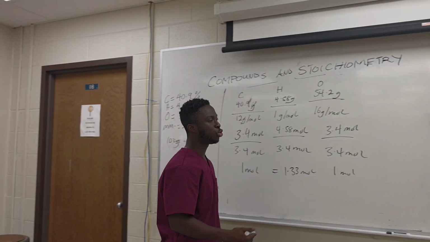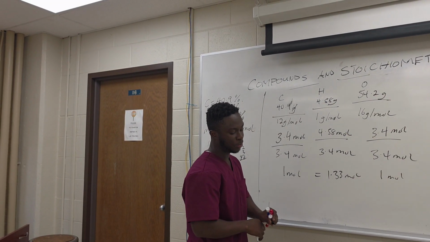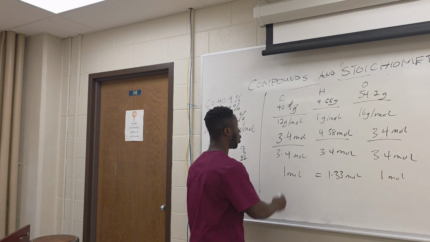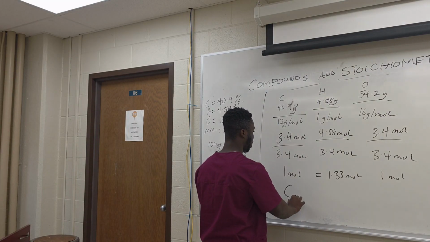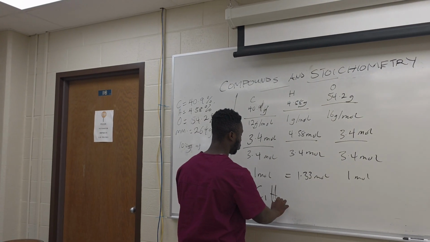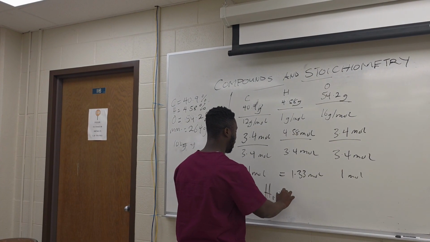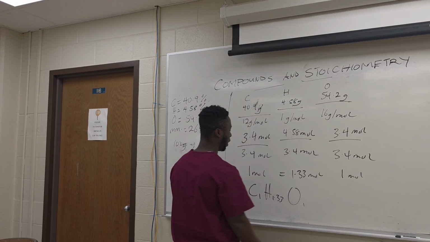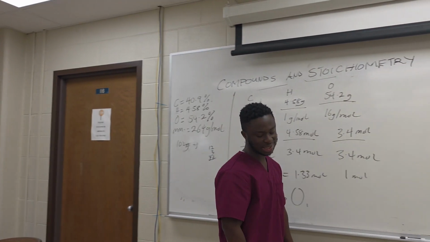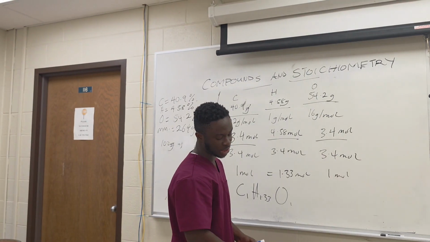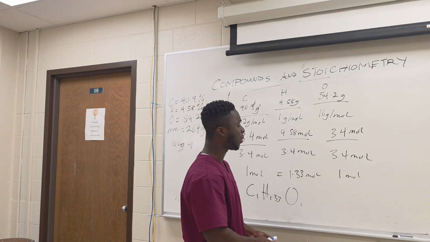So if you are told to write the empirical formula for such a compound, you are going to get C, which is 1, H, which is 1.33, and then O, which is also 1. But 1.33 is not something that you can just let hang around like that.